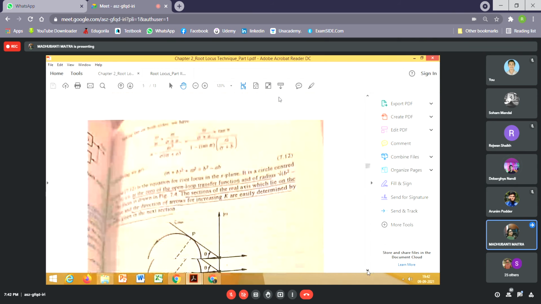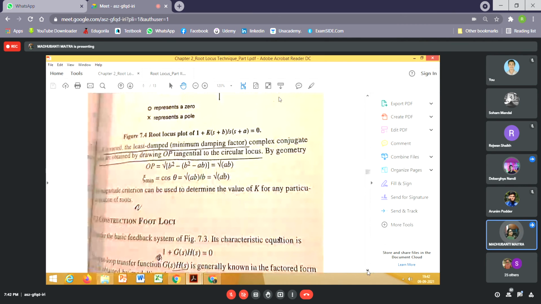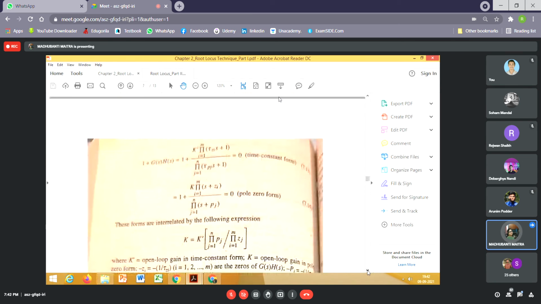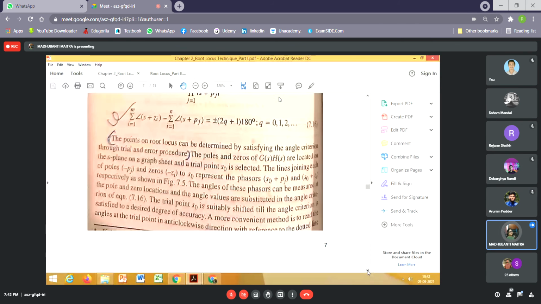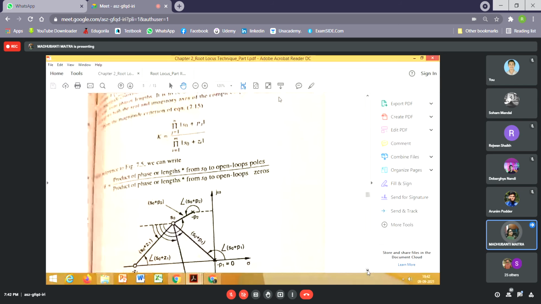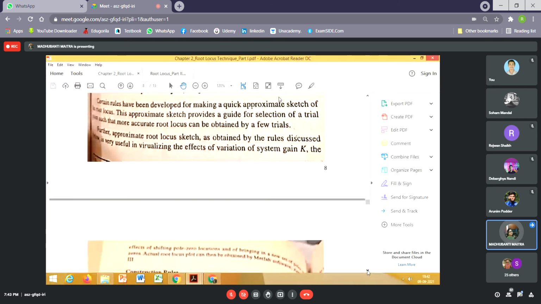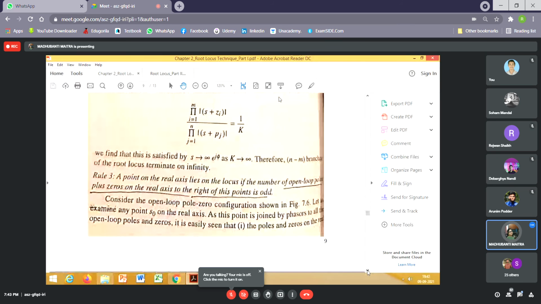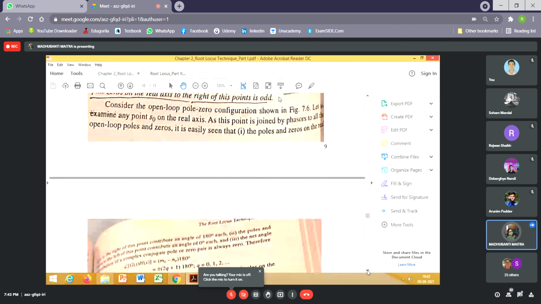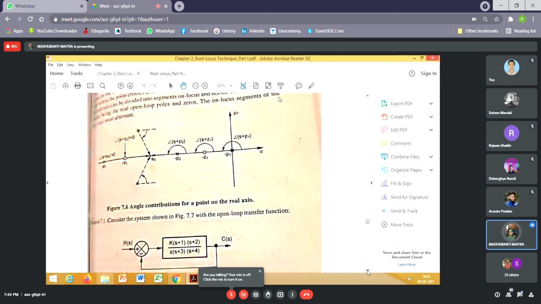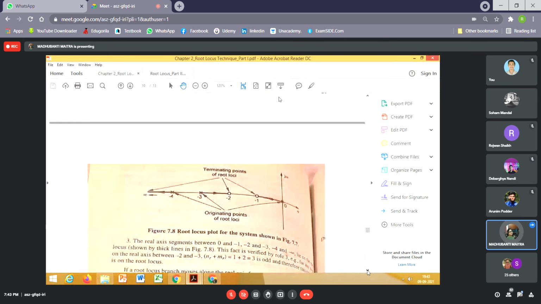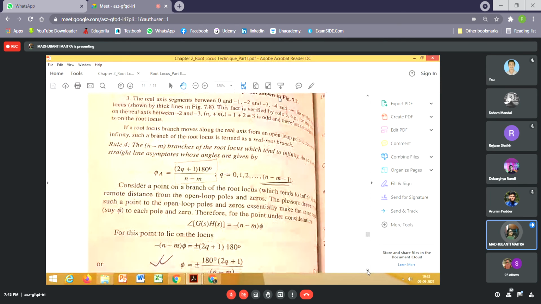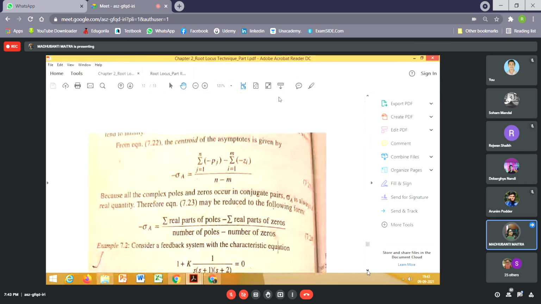So we can generalize this concept and say that if n root branches approach each other and meet at a point, and after that they break away from that particular point, then at that breakaway point, repeated roots of the system will occur with an order of multiplicity equal to n.